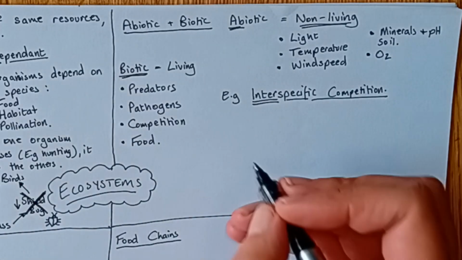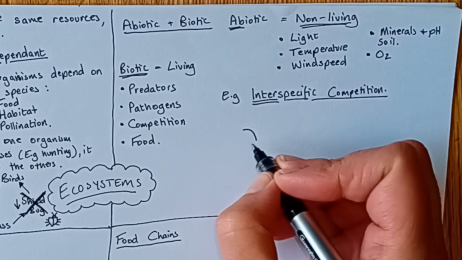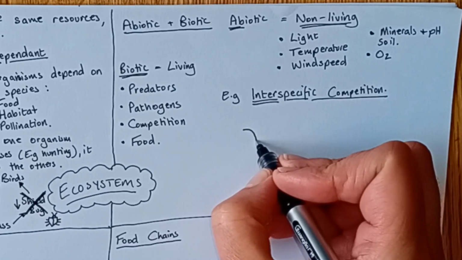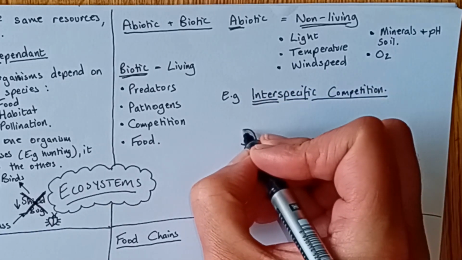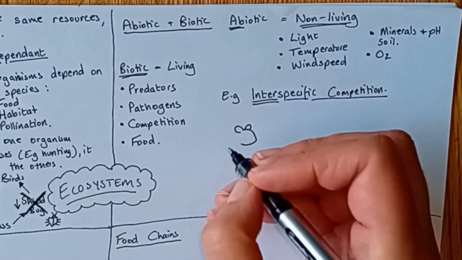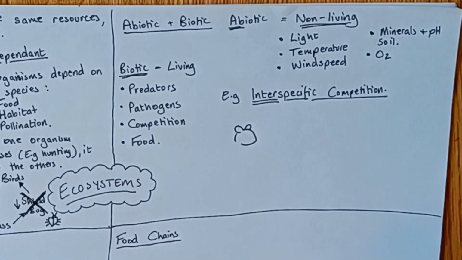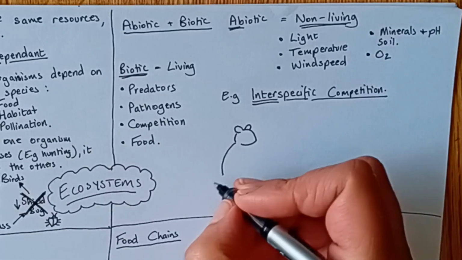We're going to have a go now at drawing two squirrels. Let's start with the grey one. The grey one is substantially bigger than the red squirrel. So there's its face. Grey ones have got smaller, rounder ears than red ones. There's its back.